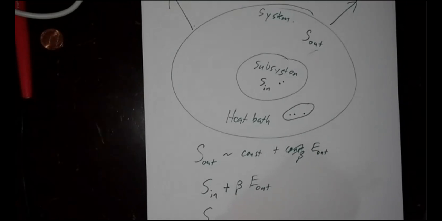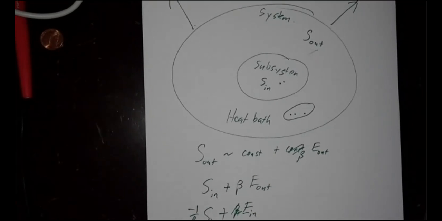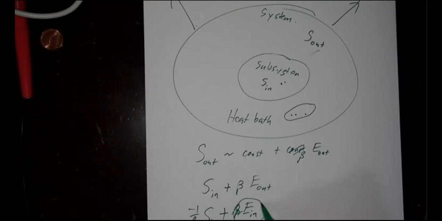That's the same thing as maximizing the internal entropy minus beta times the internal energy. You usually divide here, you multiply by -1, and you call this the free energy. Here you've got your energy inside, and 1 over beta is your temperature.